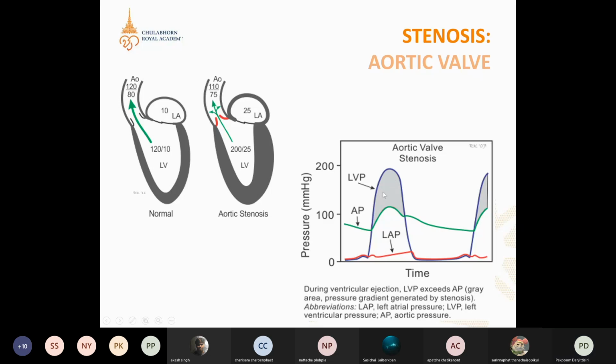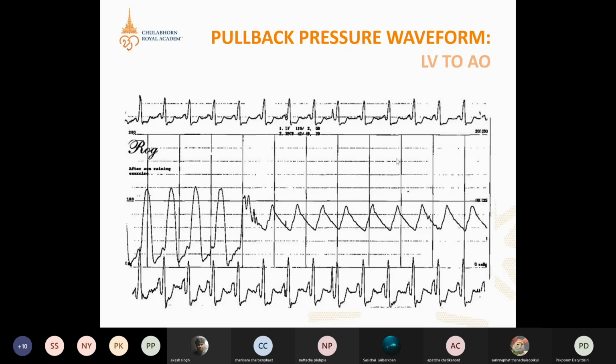That means that the patient has a stenotic aortic valve, and you can calculate, but actually the computer can calculate the mean pressure gradient of the aortic valve, the area under the curve over here in the gray zone. Okay.